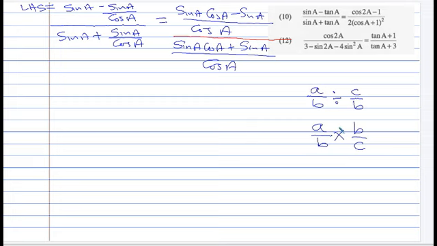Remember, the reciprocal of division is multiplication. So dividing by this is the same as multiplying by its reciprocal. Now, once we have something like this, we are cancelling this B and this B. We are left with A over C.